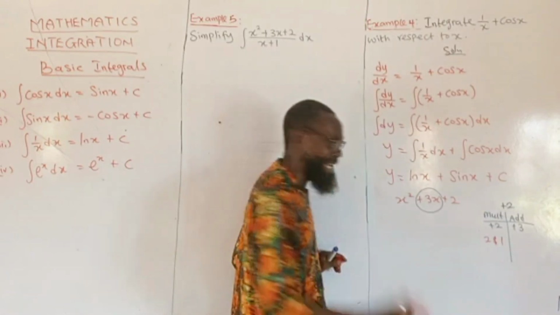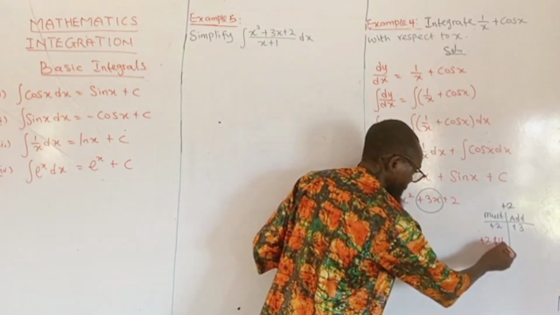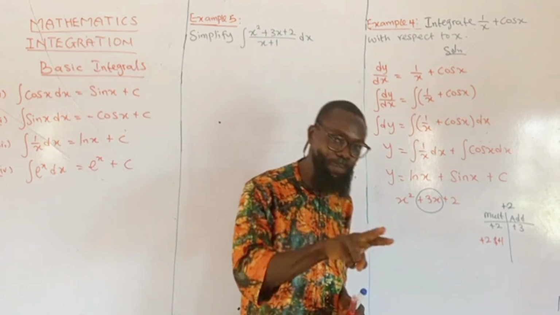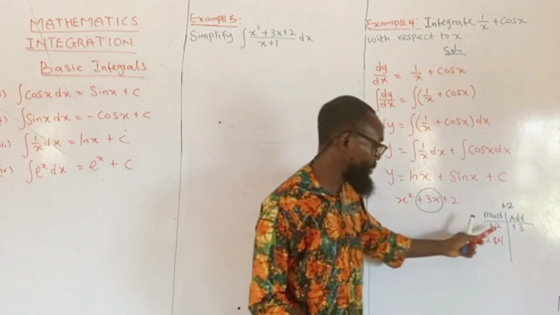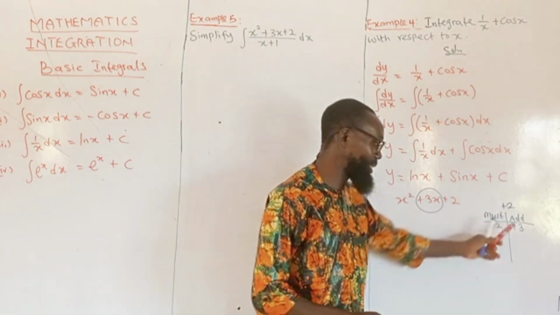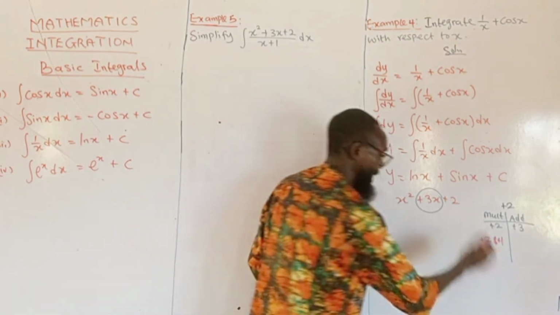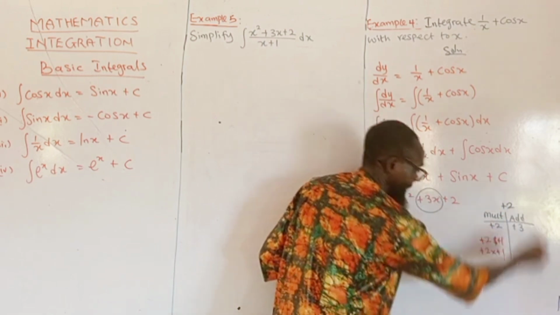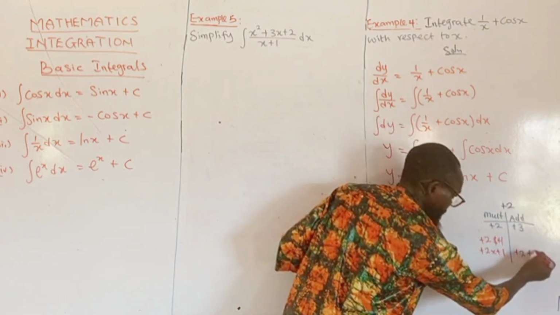Let us guess the sign. I'm guessing plus, plus. Don't forget, my first assumption is when you multiply them together, you must get plus 2. When you add them or you subtract them, you must get plus 3. Okay, let's multiply. Plus 2 times plus 1. Let's add. Plus 2 plus 1.